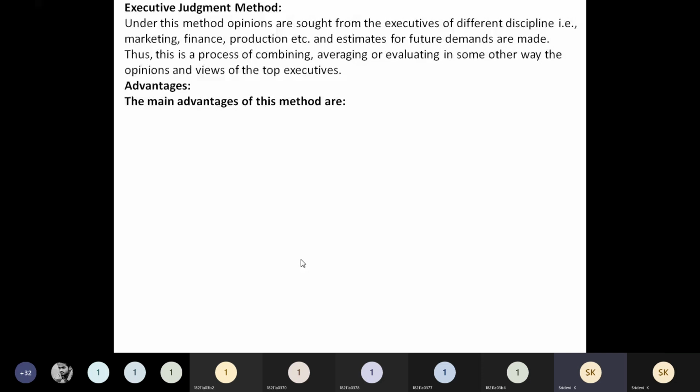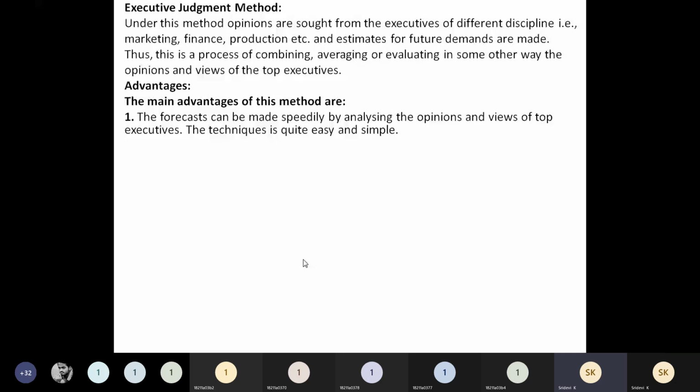You can easily forecast and speed up the analysis, because getting opinions from everyone in your organization is very fast. All those people are top executives, and their opinions in most cases may be very accurate, and it is also one of the easy techniques.